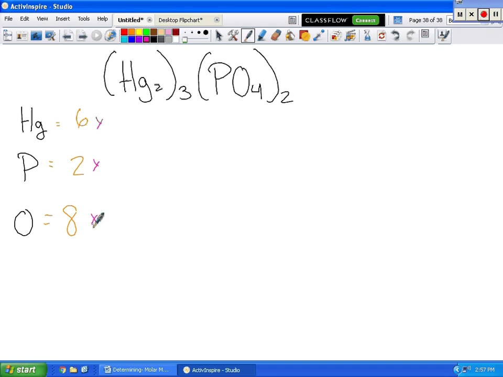Is it 200 even? 200 even, 0.59. And how many of those do we have? 6. So that's going to be at least what number? At least 1,200. So we're going to have a huge mass here.